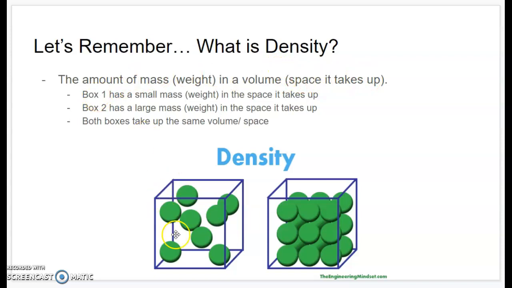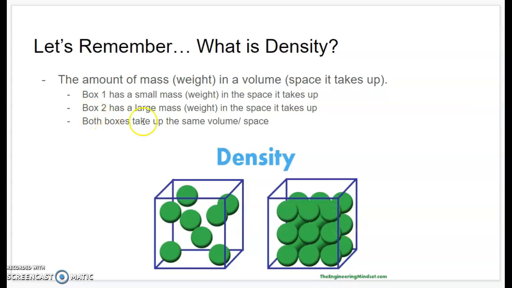Right? So box number 1, this one right here, has a small mass. It has a small weight. So these little things in here are all the mass. So it has a small amount of weight in it. Okay? But it takes up the same amount of space as box number 2, which is this one right here. Box number 2 has a large mass. It has a large weight in the space that it takes up, so in its volume.